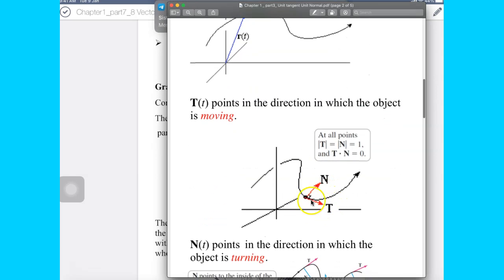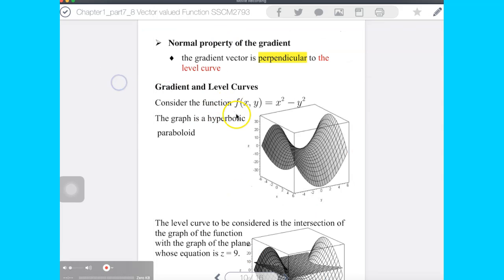So this is the unit normal vector, where the unit tangent is always perpendicular to N and always points inside the curve.